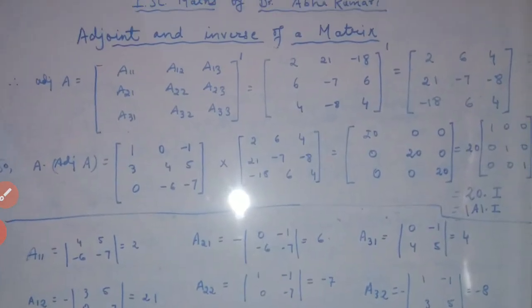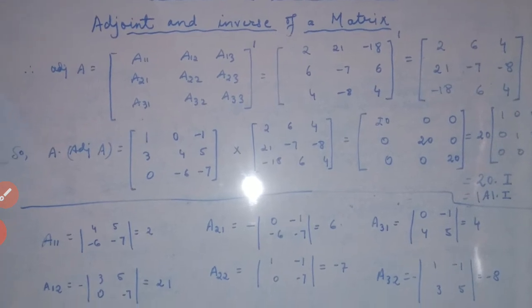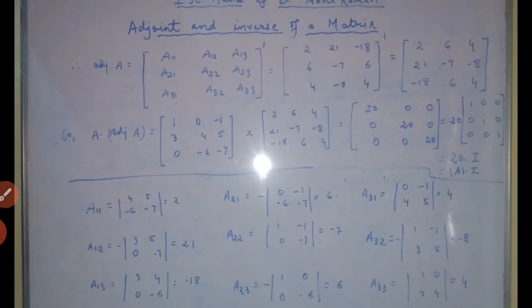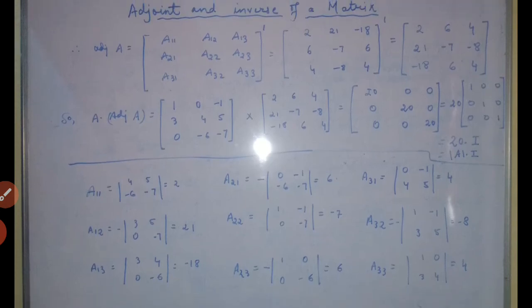So what is this adjoint of A? To find the adjoint of A, we will just put the value of A11, A12, A13, all these values here. Adjoint of A is the transpose of the matrix formed by the cofactors of determinant of A. Fine.